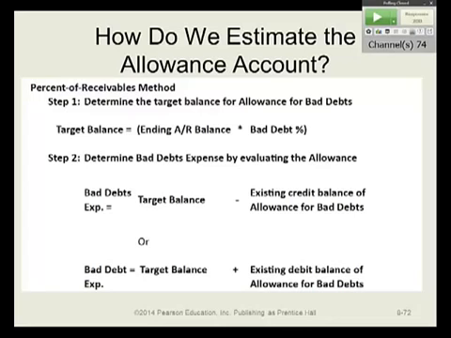Let's say I have an accounts receivable with a balance of 500, and I have an allowance for bad debts with an existing balance of 40.